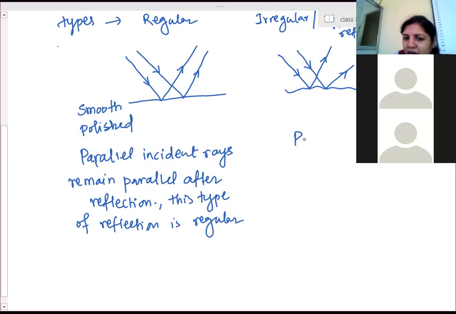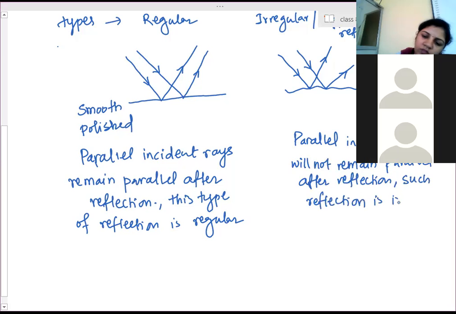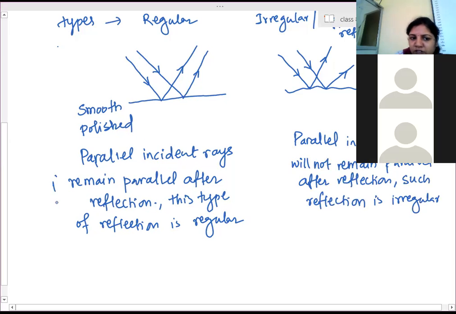And here, parallel incident rays will not remain parallel after reflection. Such reflection is irregular or diffused.